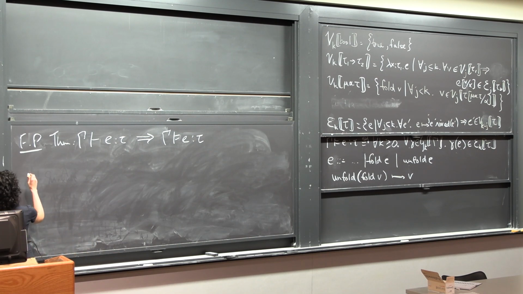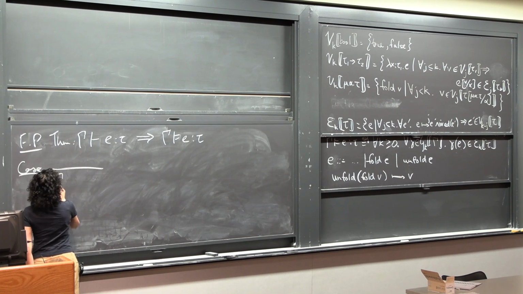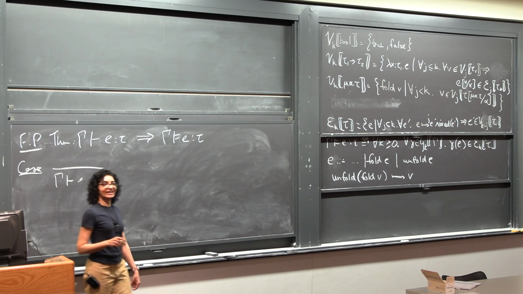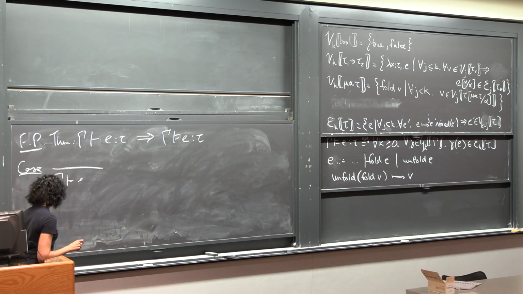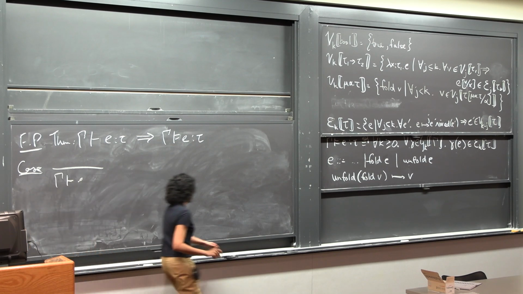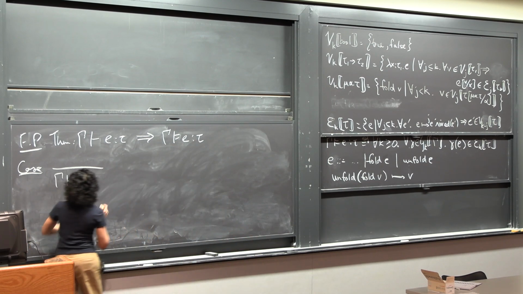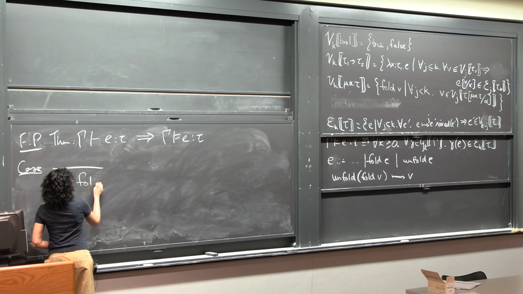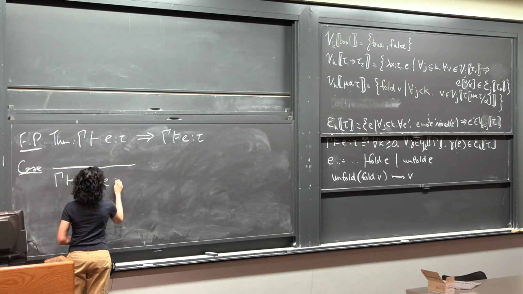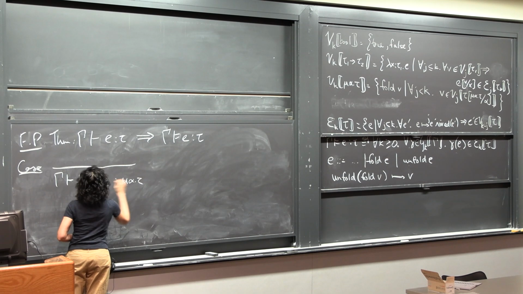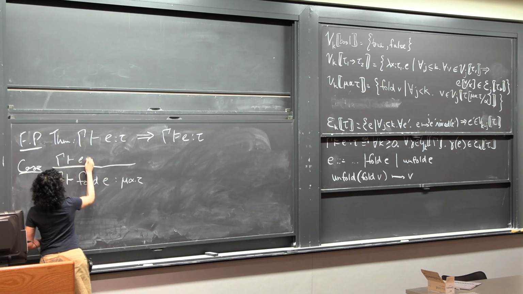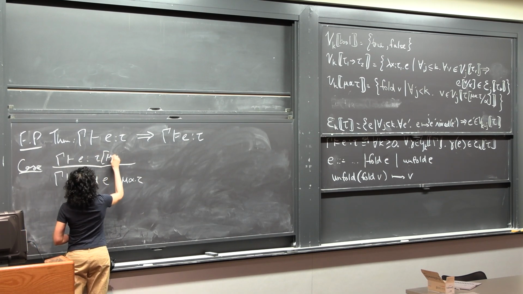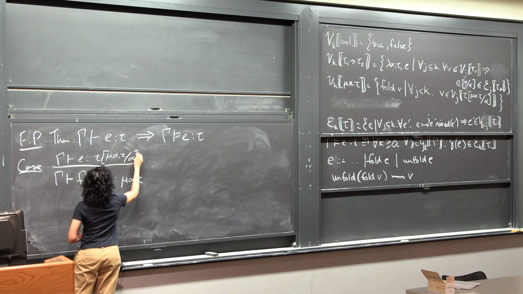Okay, so I'm just going to do the proof case for fold. And as homework, I am assigning you the case for lambda, the step-indexed one. So for the fold case, we know we have fold E, and it has type mu alpha tau if, under gamma, E has type tau with mu alpha tau substituted for alpha.